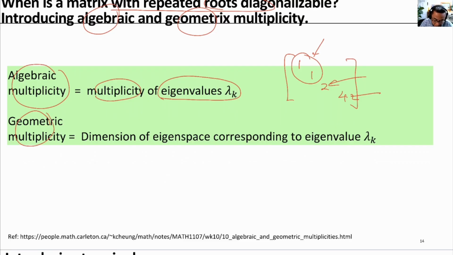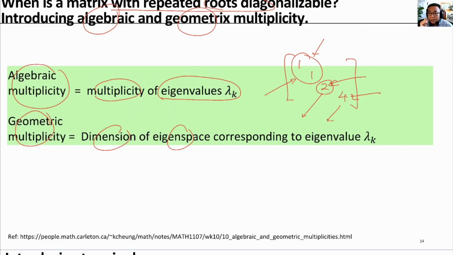Well, remember that associated with each eigenvalue is an eigenvector. So if the algebraic multiplicity is 1, then there is only one eigenvector for the eigenvalue. But when the eigenvalue is repeated, the dimension of the eigenspace can be 1 or 2.